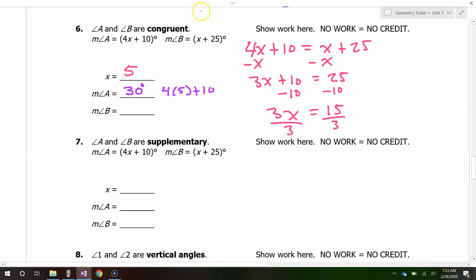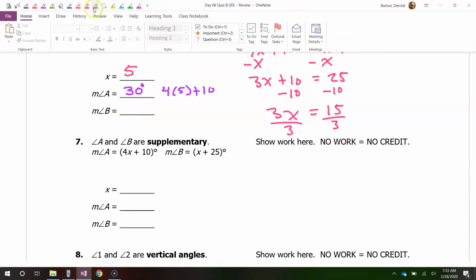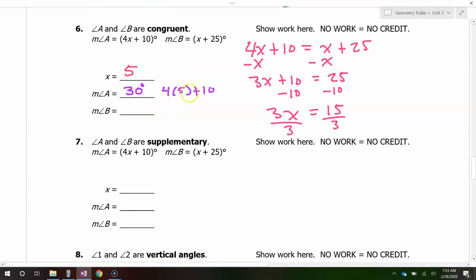These are congruent, so I know that the answer is going to be 30. But if I want to check my answer, I can plug in. So x plus 25 will become 5 plus 25. And that does make 30, so it checks out.